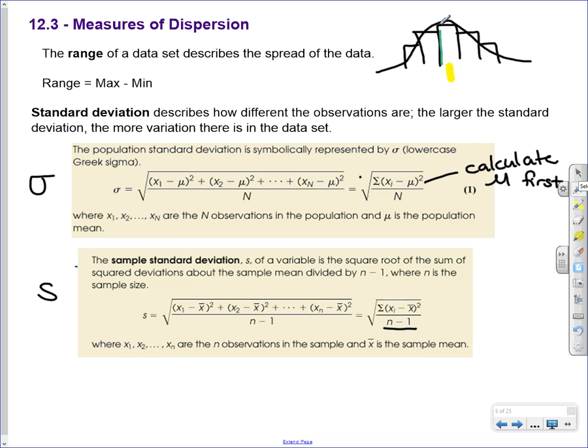And then maybe I have another histogram that looks like this. Now pretend like these lines are straight. This other histogram is centered at the same place, right? But what's the difference between this green histogram and the black histogram?